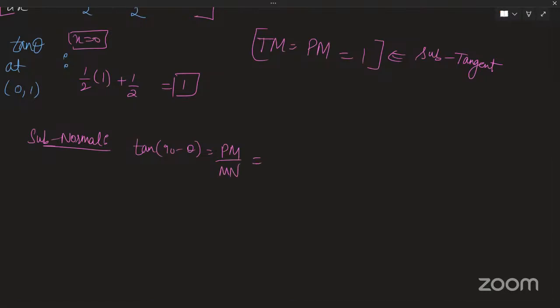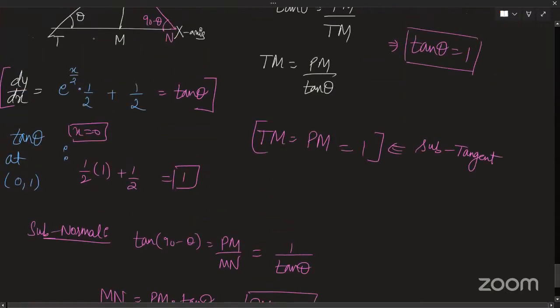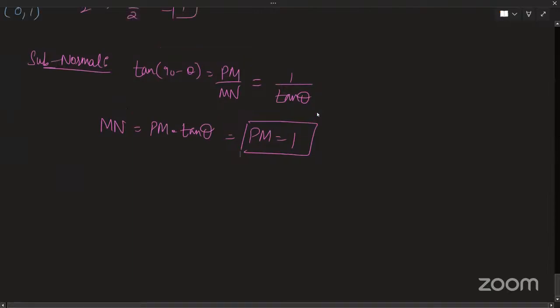What is tan of 90 minus theta? It's cot theta, which can be written as 1 by tan theta. So MN is equal to PM into tan theta. Tan theta is 1, so it is 1 into 1, which is 1. So the length of both subtangent and subnormal is equal to 1.